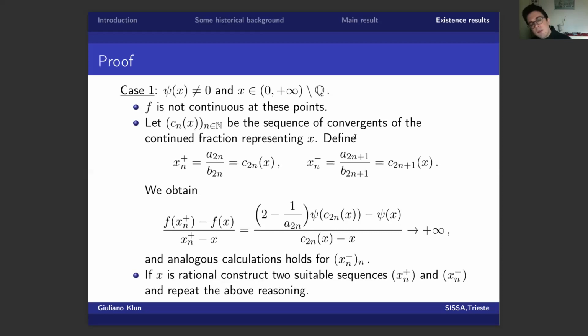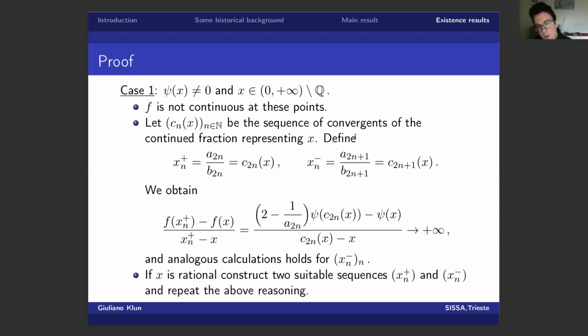In this case, we can calculate the difference quotient of f with respect to the 2 points xn plus and x, to obtain that this difference quotient tends to plus infinity as n tends to infinity. So the upper right Dini derivative is plus infinity. An analogous calculation holds for xn minus, and the lower left derivative in that case tends to minus infinity.